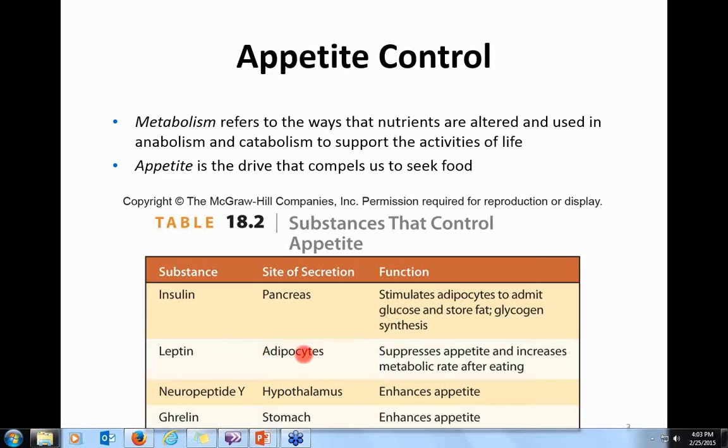The other appetite suppressant is leptin. Sometimes you'll see infomercials at 2 in the morning about this, but it also suppresses appetite and increases metabolic rate. The other two, neuropeptide Y and ghrelin, enhance appetite.